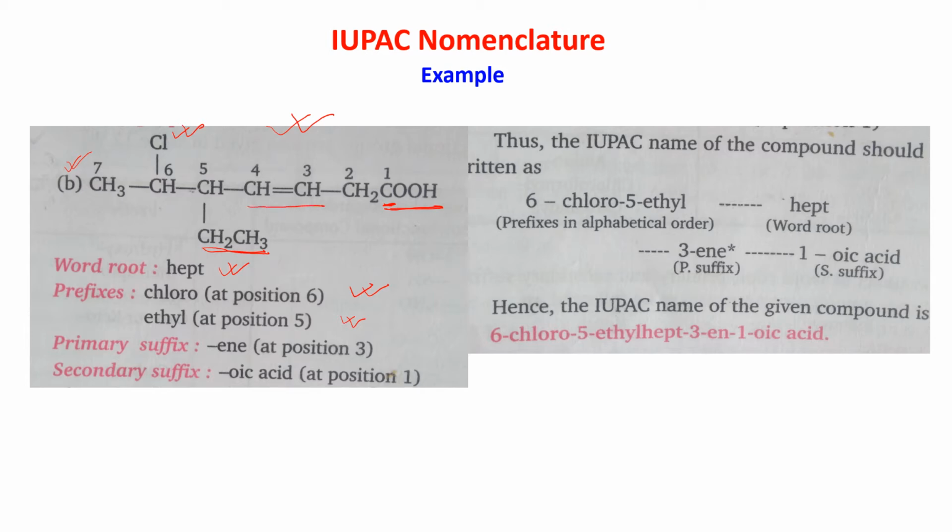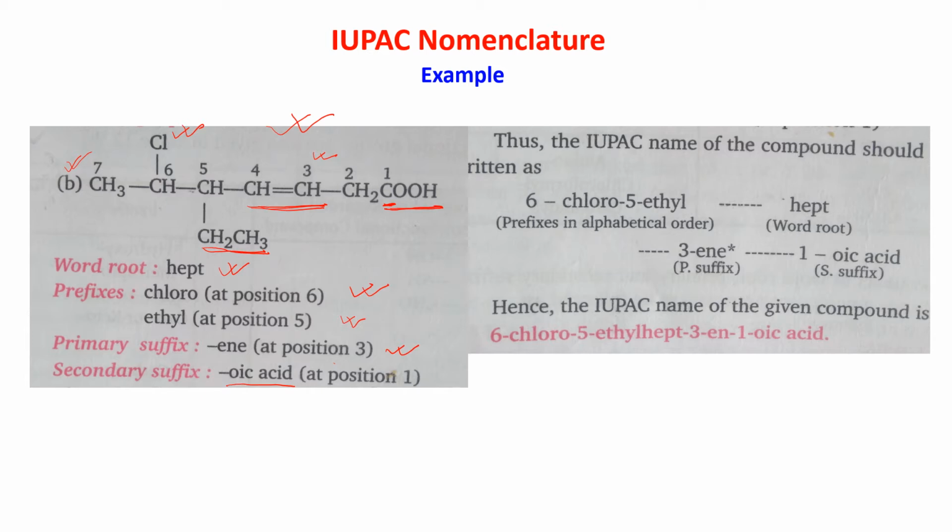Here you can see there is a double bond, so the chain is ENE with the position. ENE in the third position, so ENE at position 3. So I got word root hept, two prefixes, chloro at position 6 and ethyl at position 5, then primary suffix ENE at position 3. The only thing left is the secondary suffix. Secondary suffix is oic acid at position 1.